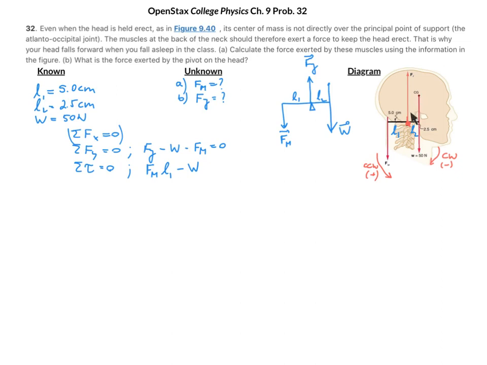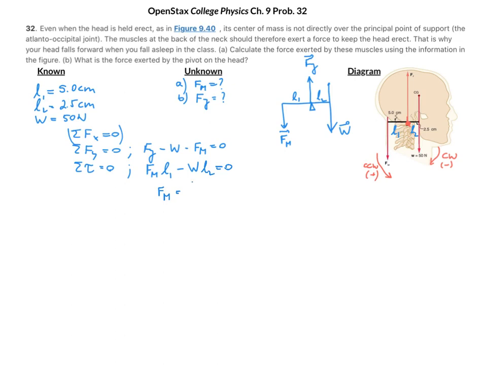So the lever arm you can consider to be the distance from the axis of rotation, our pivot, and the center of gravity. But we need the perpendicular component, and we already have a perpendicular component here, so we don't have to mess around with angles anymore. So we just multiply the weight of the head by this perpendicular lever arm to find the torque. So we have minus weight times L2, and those are the only two forces that cause a rotation about that pivot.